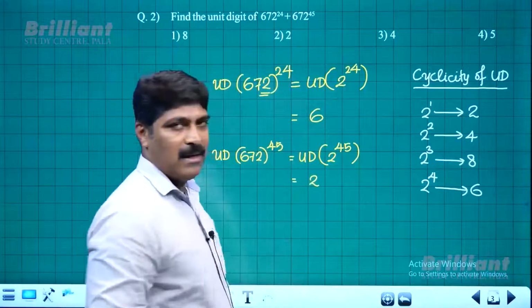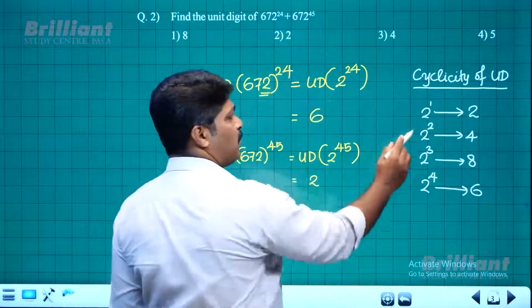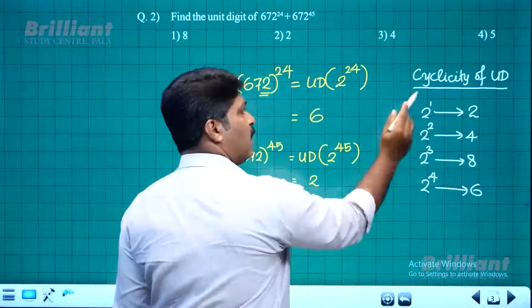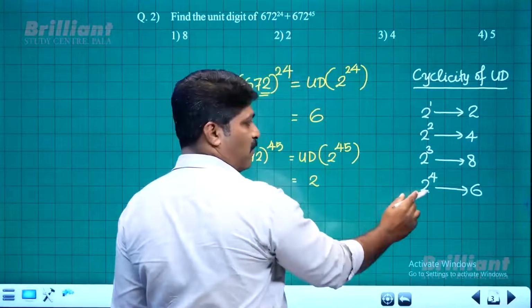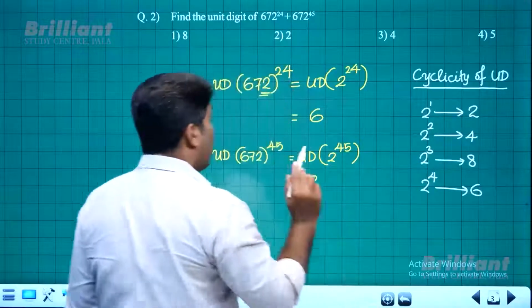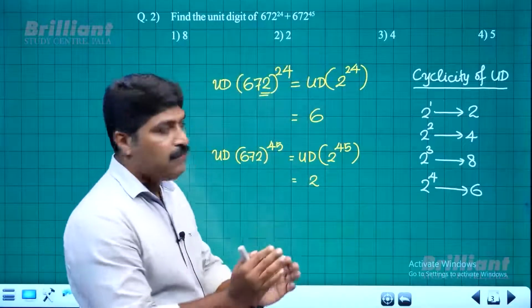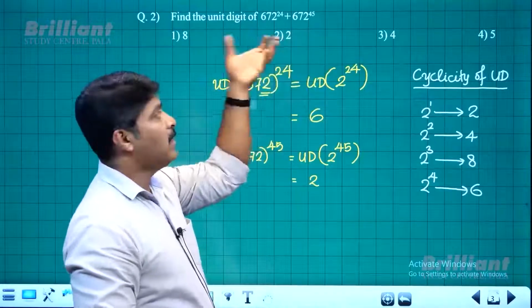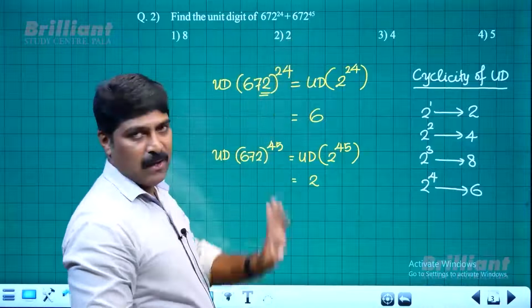Like that we are counting, up to 40, 41, 42, 43, 44, then 45 is here. Therefore, that is 2. What do you want to find out? We have to find out the unit digit of this expression, that is the sum of these two values.